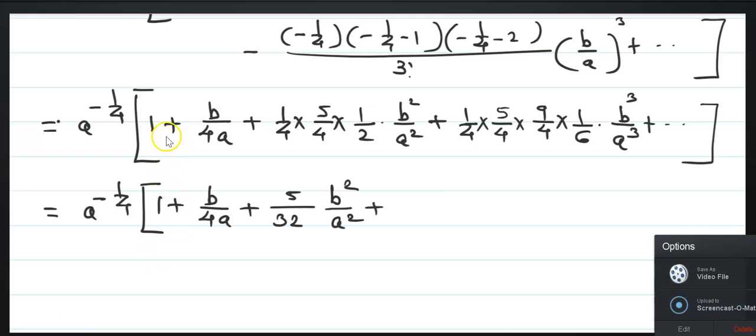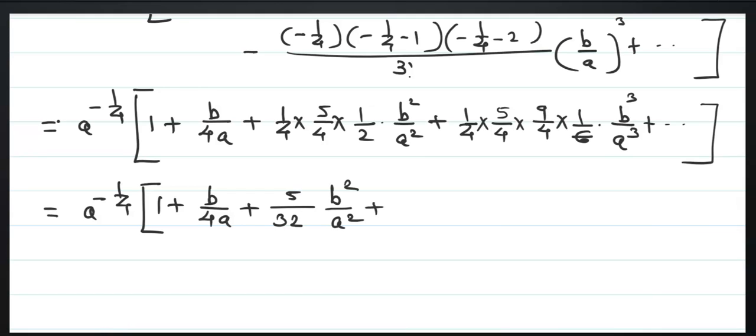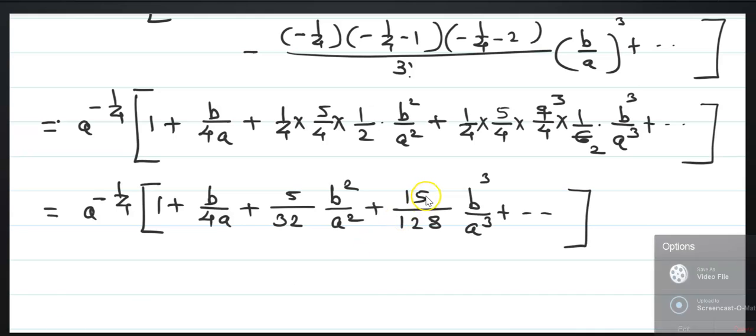What is the simplification? 1 plus B upon 4A plus 5 upon 16 into 1 upon 2, that is 5 upon 32 into B square upon A square, plus, now the simplification. Now here is 15 upon 128 into B cube upon A cube.